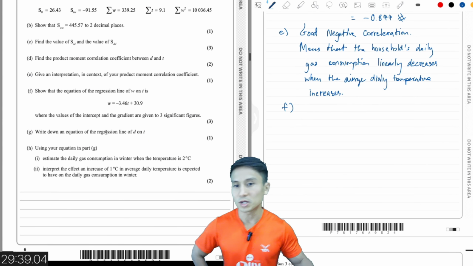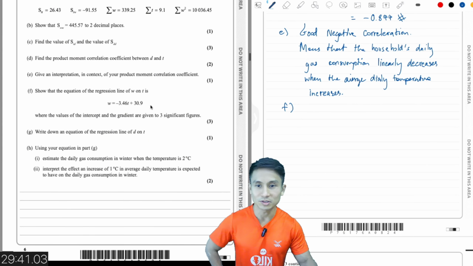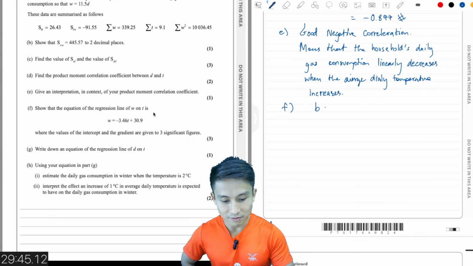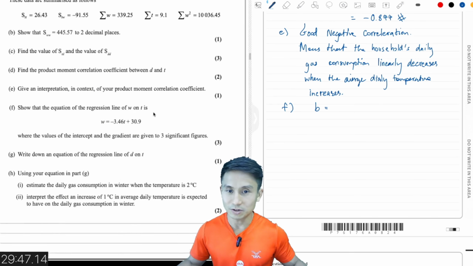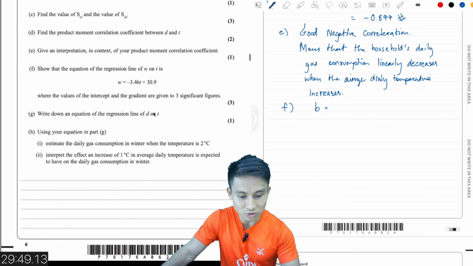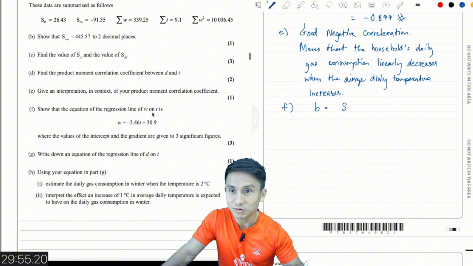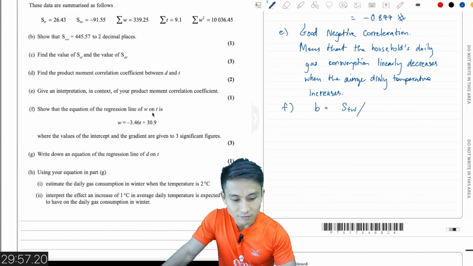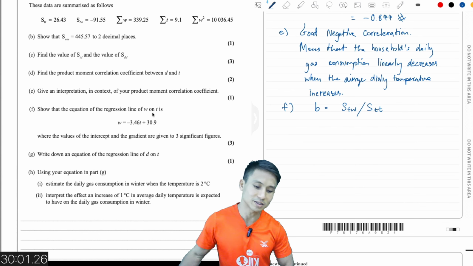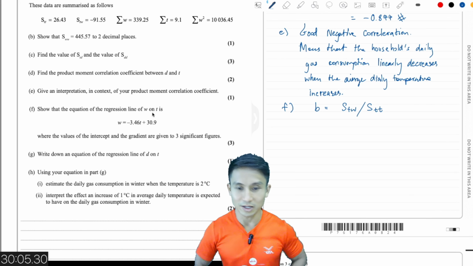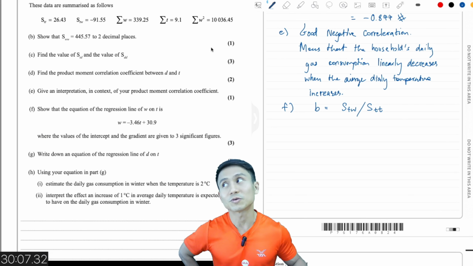Part F. Show that the equation of the regression line of W on T is that. So we need to find B first, which is the gradient of the regression line. B is basically SXY, which is STW, divided by STT, which is the X. So SXY over SXX.